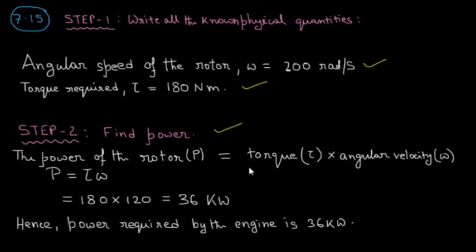The power of the rotor P is equal to torque tau multiplied by angular velocity. So P is equal to tau into omega. Putting the values of tau and omega as 180 and 200, we get 36 kilowatt. Hence the power required by the engine is 36 kilowatt.